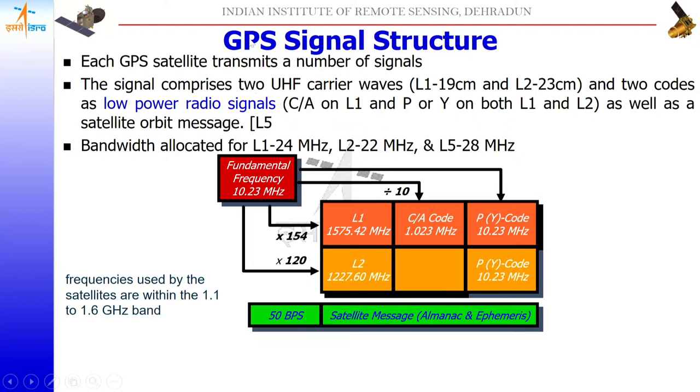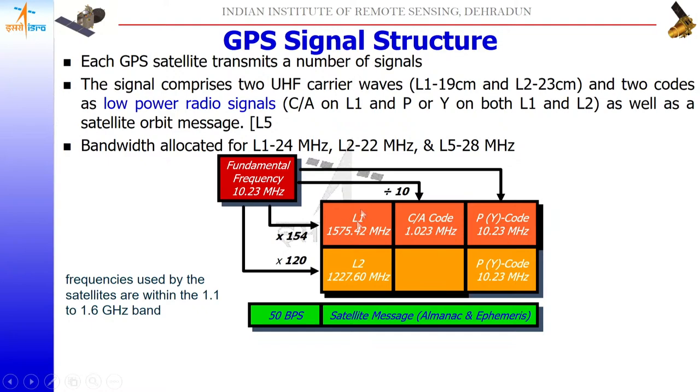So this is the infrastructure of the GPS signal. You can see here this is the fundamental frequency, which we can also call a driver, carrying L1 with a 19 centimeter wavelength and L2 with a 23 centimeter wavelength, and the C/A coarse acquisition code, and P and Y on both L1 and L2, plus L5 as well. These L1, L2 and L5 are based on a fundamental frequency of 10.23 megahertz.